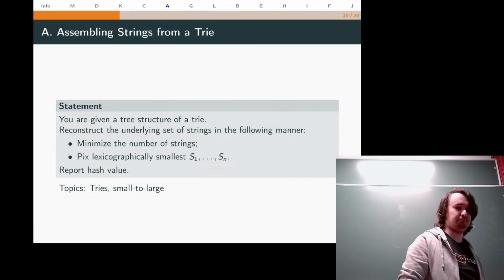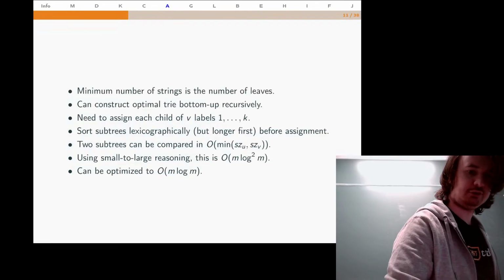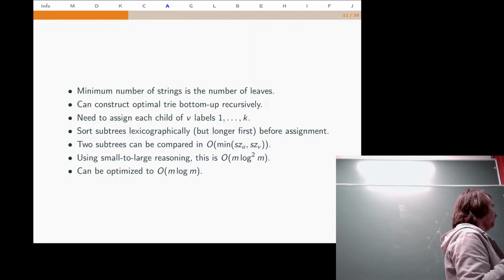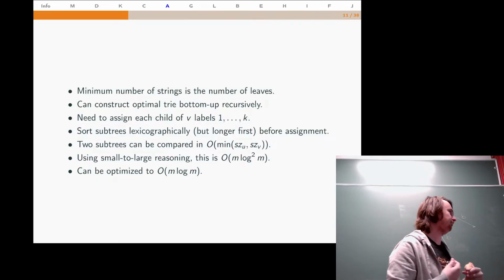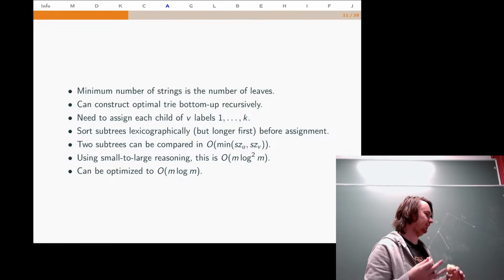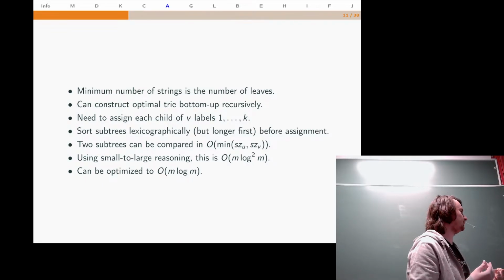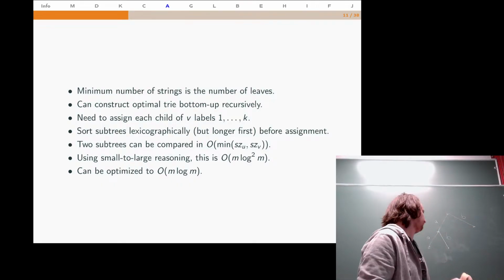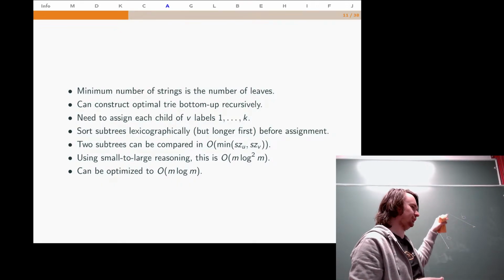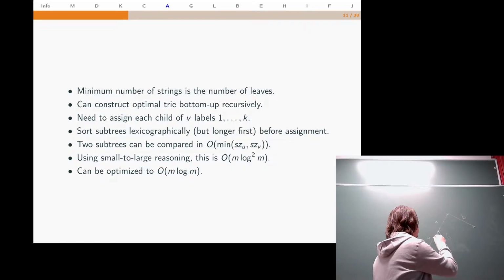For this problem, we may notice that, because we are mostly bothered with lexicographical ordering, we can solve it greedily, which means that we can go from bottom to top.